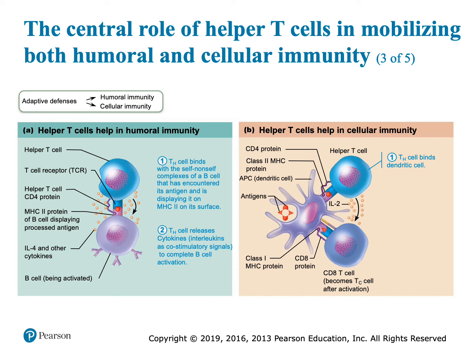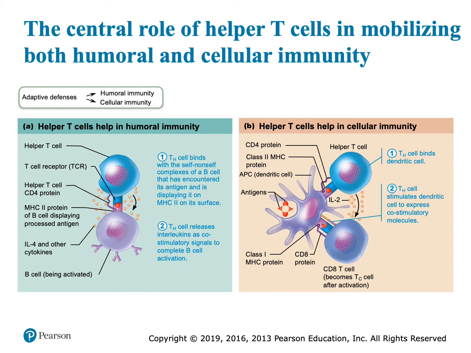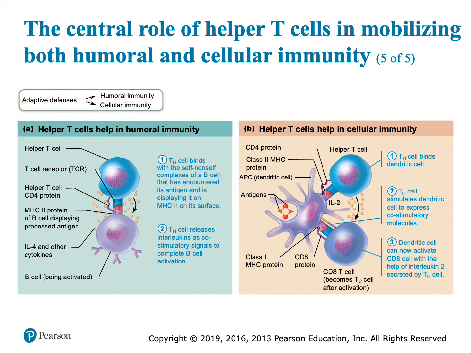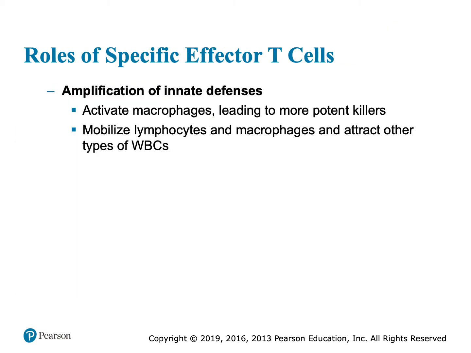We don't want him in our body, and he sprinkles him with some interleukins. Over here on the right, we have an antigen-presenting cell activating a cytotoxic T, and thanks to the helper T cell, he's going to sprinkle some cytokines on him, and he is ready to go. All right.